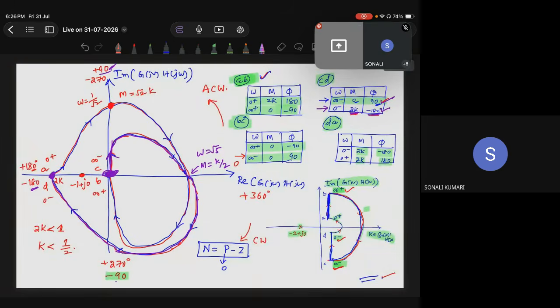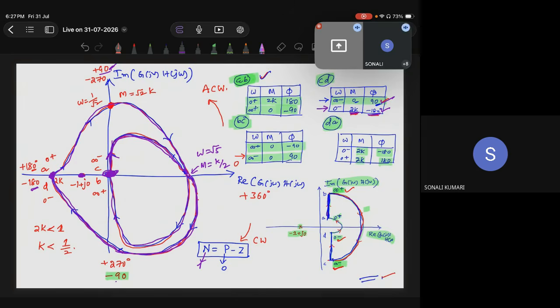Now if you see the entire path, the path started here, went like this, and came till this point in the clockwise direction. In this entire path, it is encircling this point once.